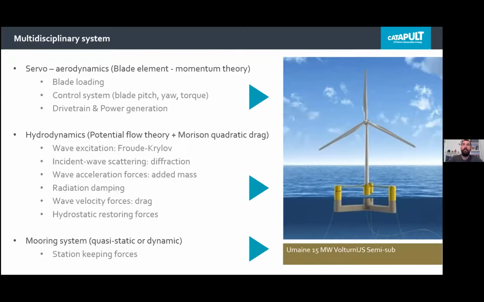And there is a full coupling between the servo aerodynamic system and the hydrodynamics, which in this case can be computed with potential flow theory and Morison quadratic drag, which again has been mentioned before today, or CFD. And finally, the mooring system, which again will impact the overall motion and dynamic response of the floating system.